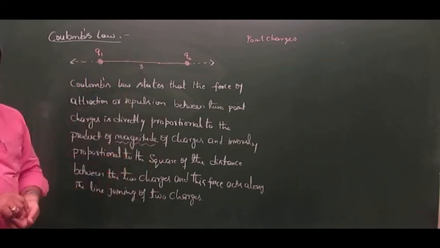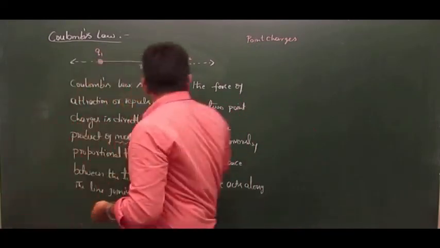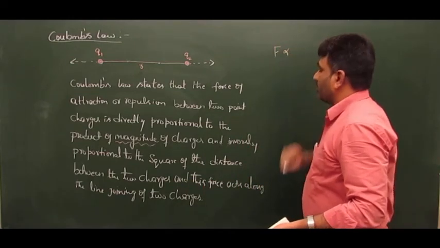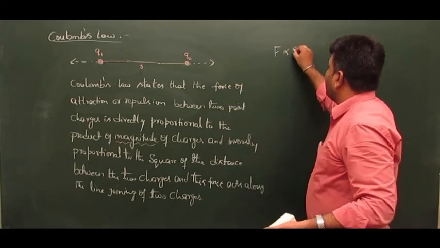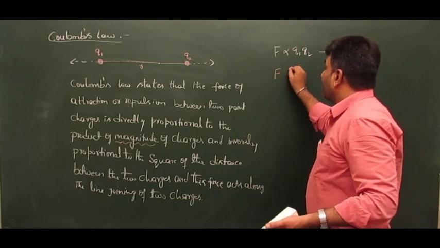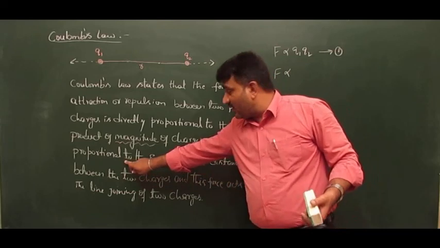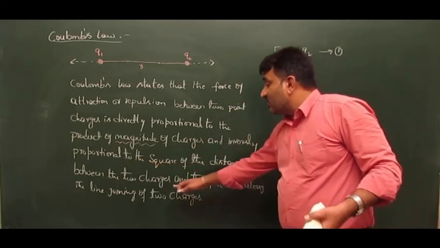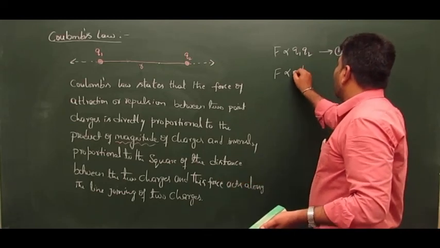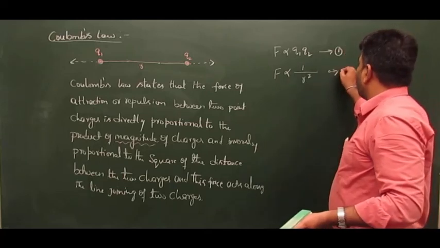From this statement we can write the mathematical form. First, F is proportional to the product of charges Q1 into Q2, equation number 1. Second, F is inversely proportional to the square of the distance between the two charges, that is 1 by r square, equation number 2.